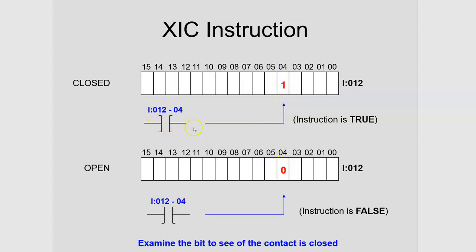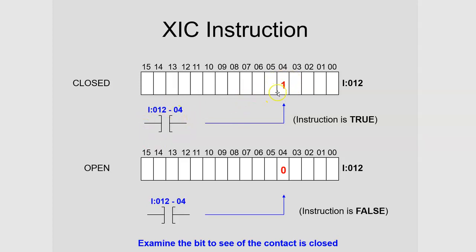But the point of this slide is that you've mapped this right here through that address. You've mapped it to this bit position in the input image table and to the screw terminal that is hooked up, the physical screw terminal to which the switch is hooked up. So this is actually monitoring whether that switch is open or closed. If that switch is closed, then the input image table will be a 1 there, and this thing will see that, and that makes this true.